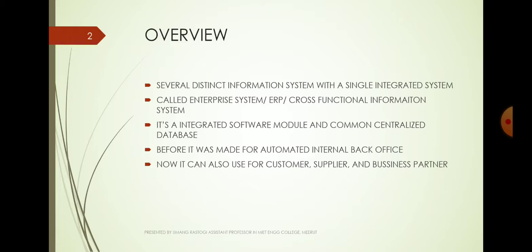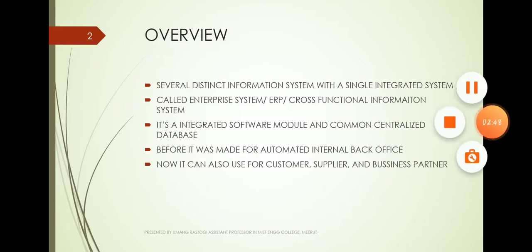So if your college data is in an ERP, that means students also can use that ERP. What can they do in the ERP? They can see their fee details, their living addresses, phone numbers, and other things which are stored by the college. So all things you can get from the ERP. The second group is suppliers.